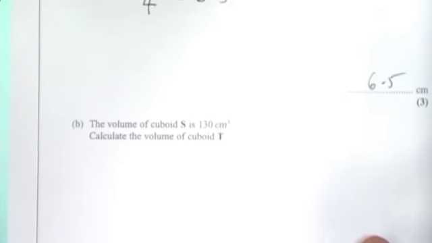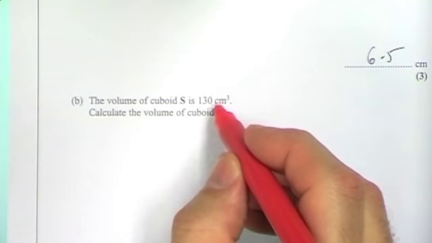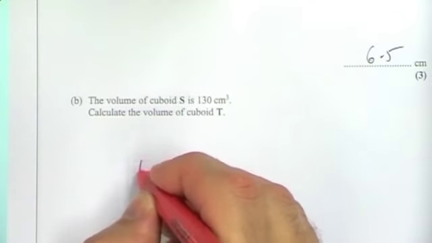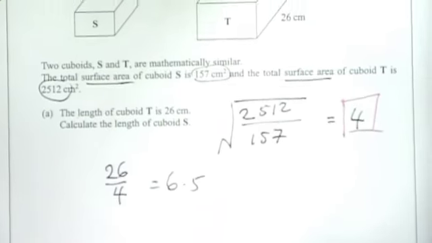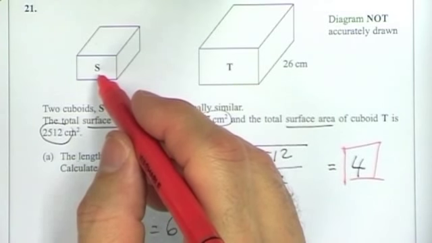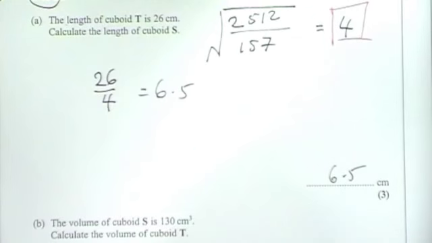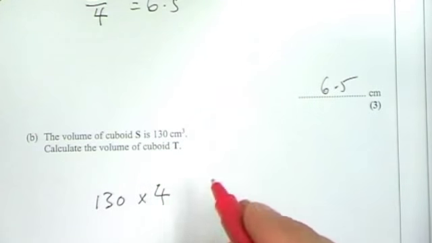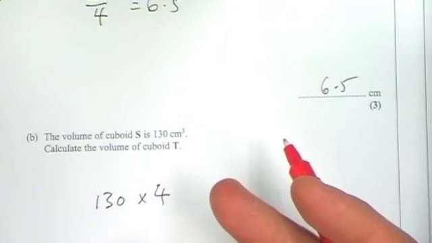On part B, it says the volume of S is 130. Calculate the volume of T. So I'm going to start with 130 because that's what I'm given in the question, and find the volume of T. Now S is the smaller shape, so I'm going to multiply to get to the larger. So it's going to be times 4, except it's not times 4, because the scale factor tells you how much the lengths are multiplied by.